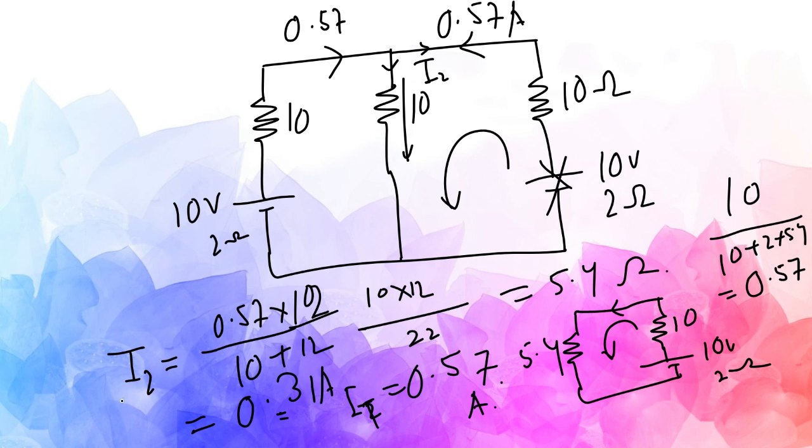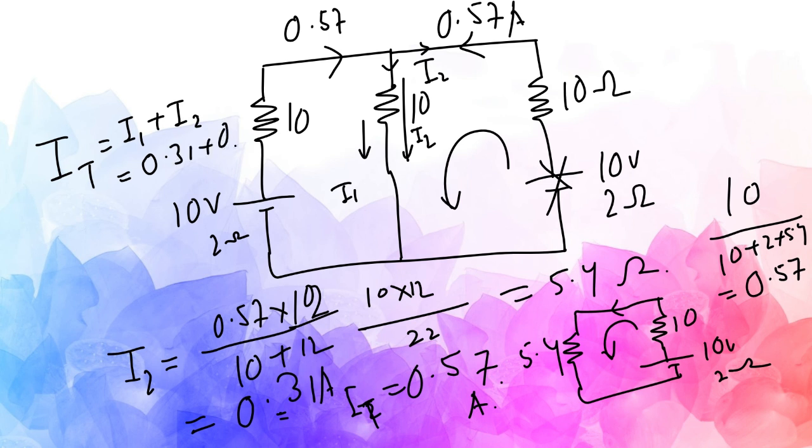So this one is I2, I2 is 0.31, and this one I1 is also 0.31, and both of them are moving in the same direction. So the total current IT would be I1 plus I2, that is 0.31 plus 0.31, which is 0.62 ampere.